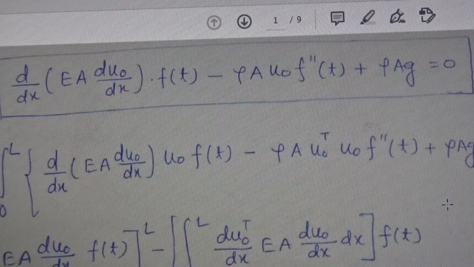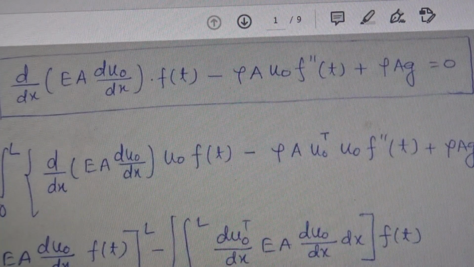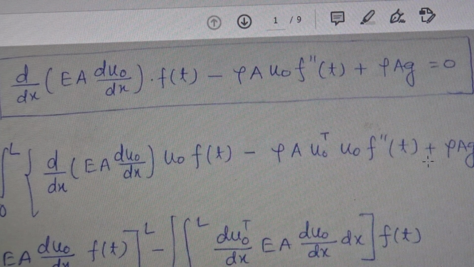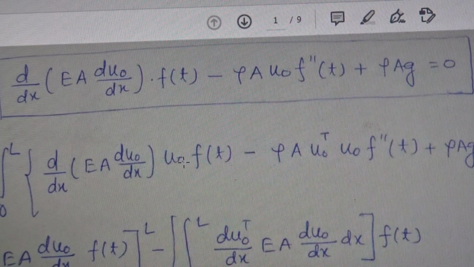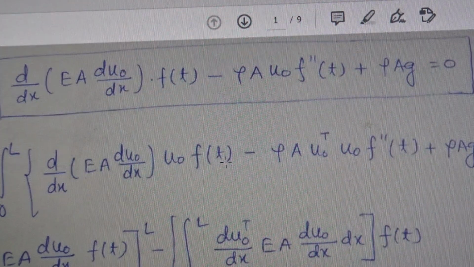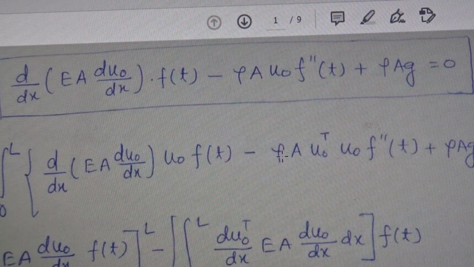Now apply the Galerkin approach and integrate from 0 to L, multiplying by u naught as the weight function. So integral 0 to L of d by dx EA du naught by dx u naught f of t minus rho A u naught u naught f double dash t plus rho A g u naught dx is equal to 0.